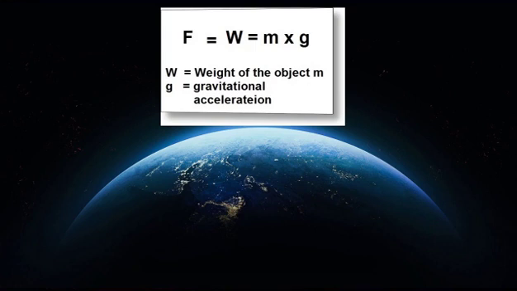Small g is the gravitational acceleration. You must have studied all these basic things like the difference between mass and weight, and the gravitational acceleration is small g, and capital G is the gravitational constant, of course.